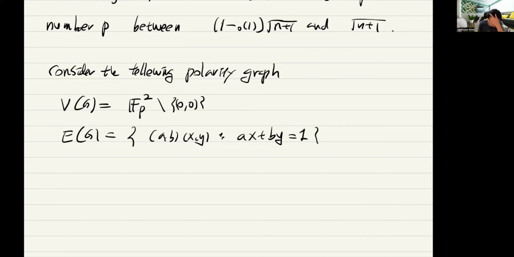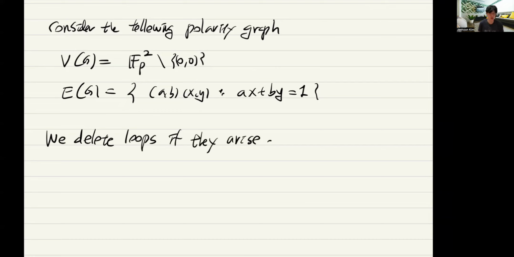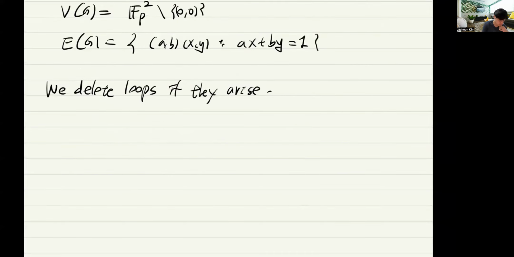That defines a graph, but more specifically, it gives a multigraph as it could contain loops. There are no multi-edges, but there could be a loop. So we just delete loops if they arise.